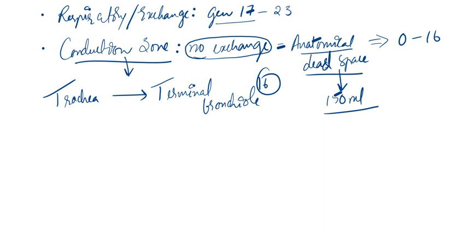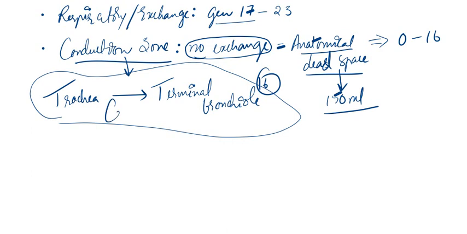You got it? So from the trachea to the terminal bronchiole, it is only conduction zone, where no exchange takes place, otherwise called anatomical dead space. What is the total volume? 150 ml. Understand or not?